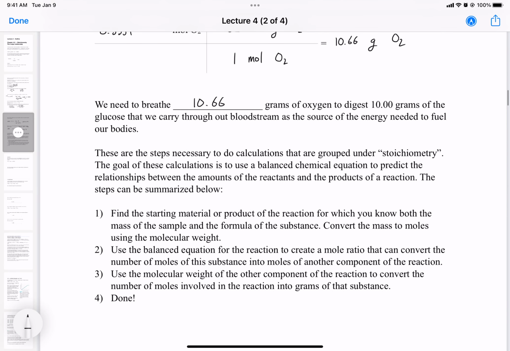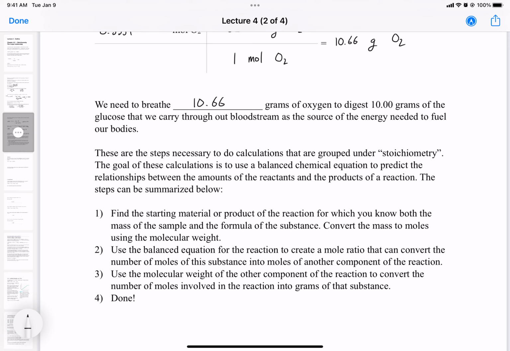So here's a summary of how to do stoichiometry problems. Here are some of the steps you should always consider. Number 1, find the starting material or product of the reaction for which you know the mass and the formula.